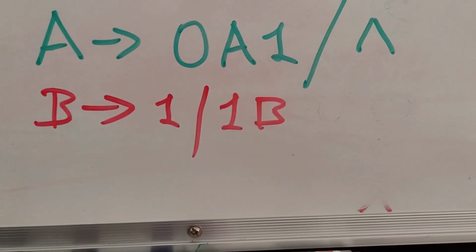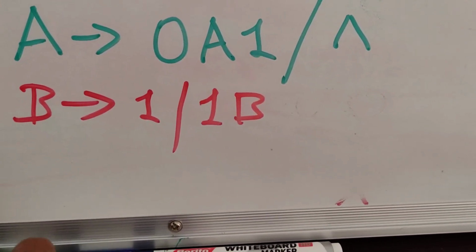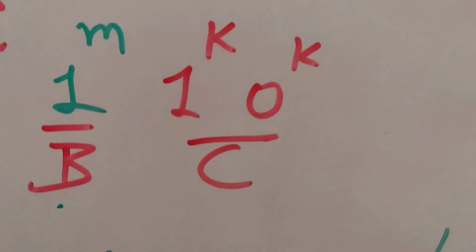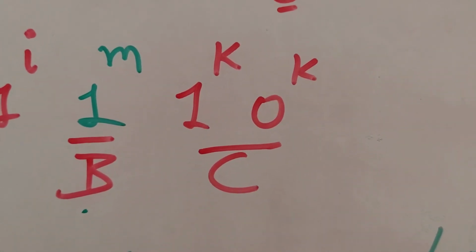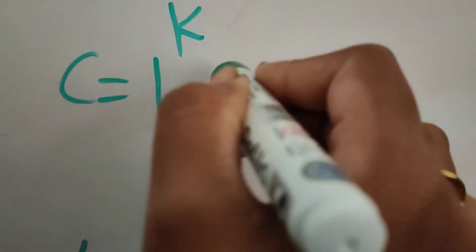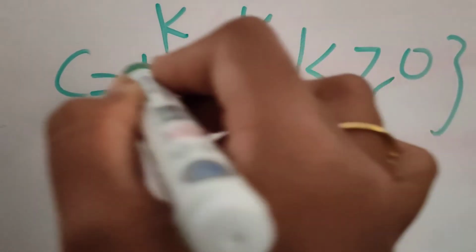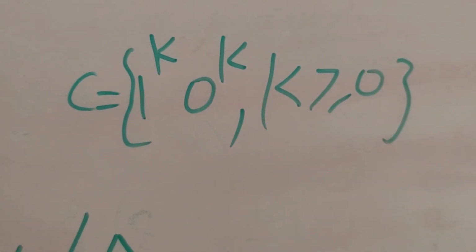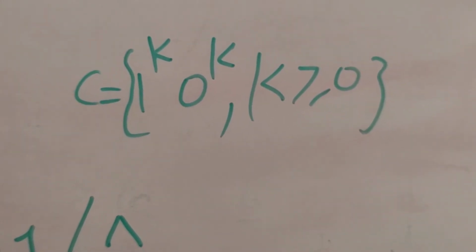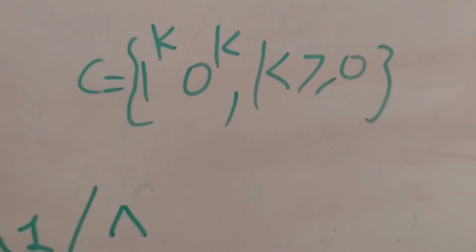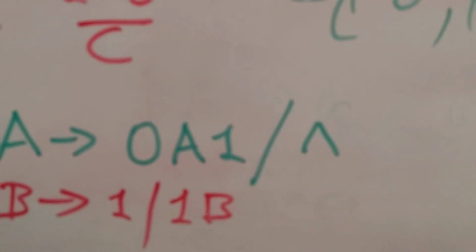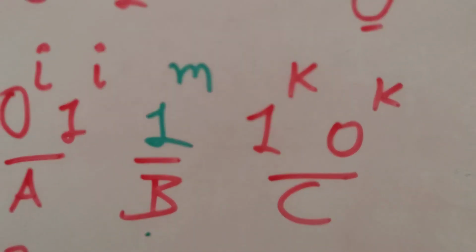Now the turn of C. C is 1 raised to k, 0 raised to k, where k is greater than or equal to 0. For this I'll have to take the same as A. It was 0 raised to i, 1 raised to i.